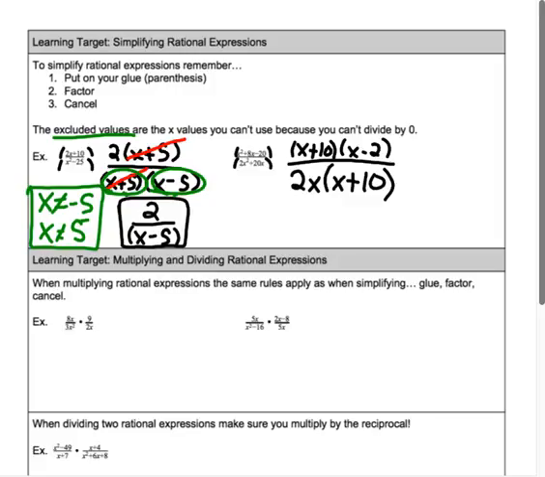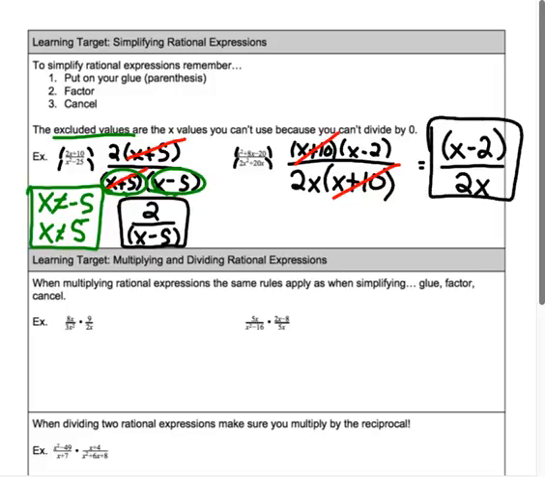Same thing as last time. Now, because I have common parentheses, I can cancel them out, leaving me with x minus 2 on top and that 2x on the bottom. So that's my simplified form, my reduced form.